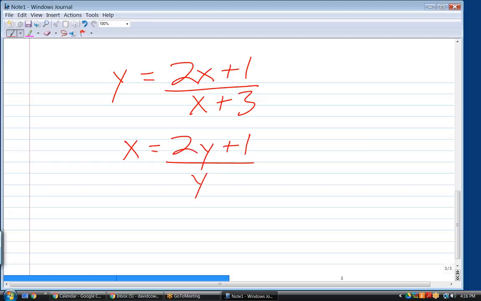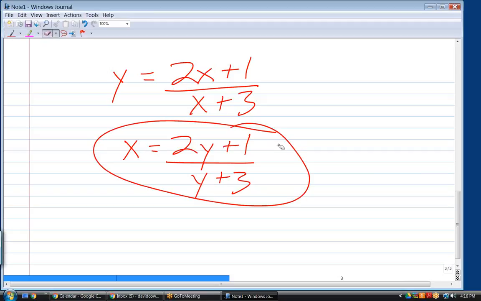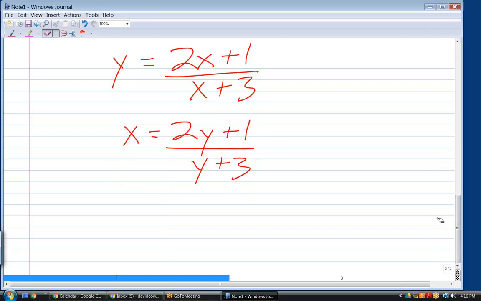Now, how do I solve that for y? Multiply both sides by y plus 3. Which gives me... what's the next step?